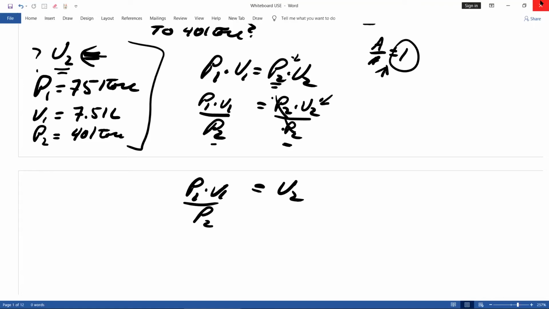Why did I do this? Because I wanted V2 alone on one side. Now, you don't have to do this, but it's a habit of mine. So good habits, Dr. White doesn't change. I'm going to rewrite this like this.